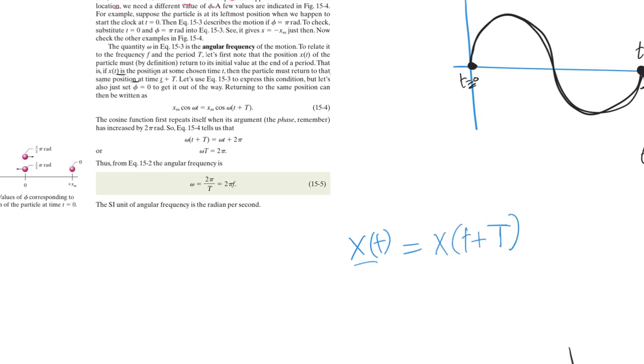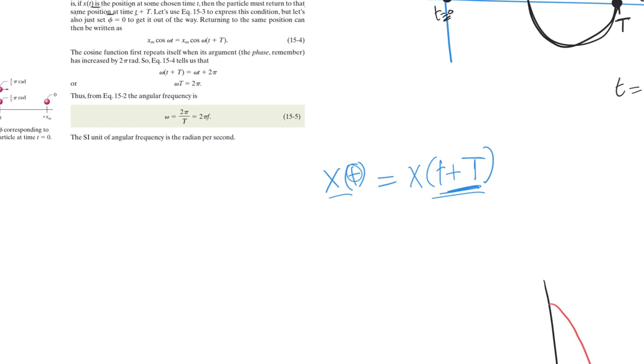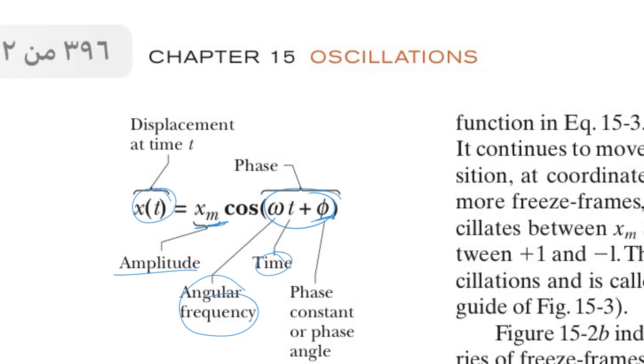So those positions must be equal. The particle at time t must be in the same place after a period of time equal to t plus T capital.